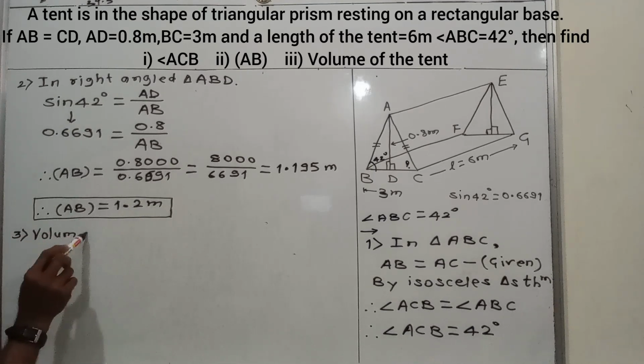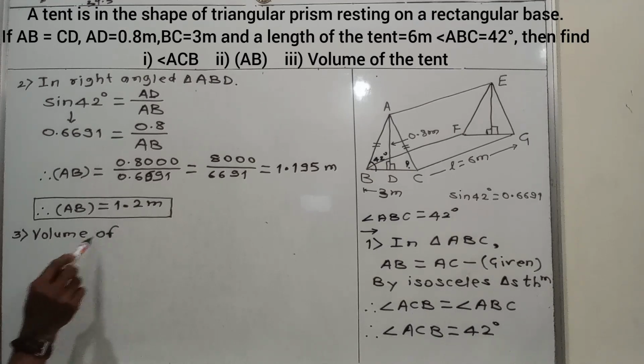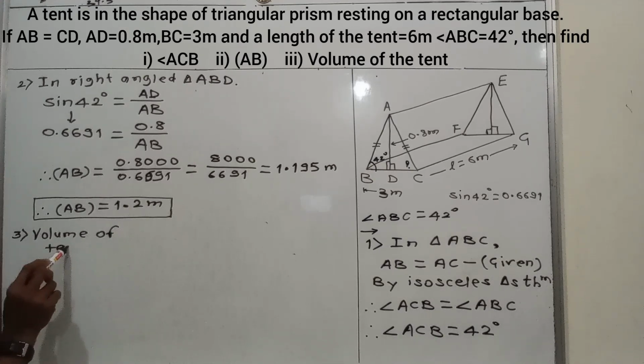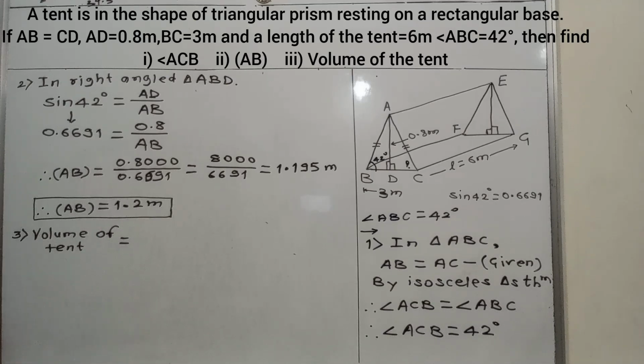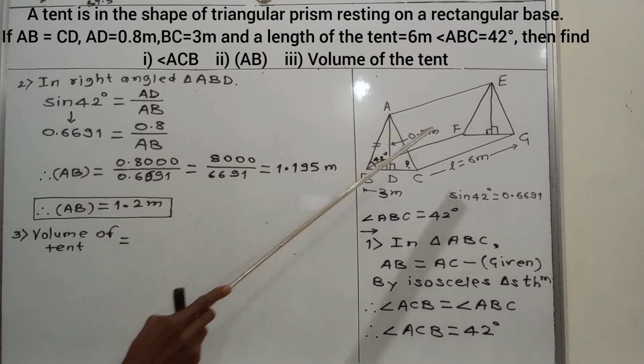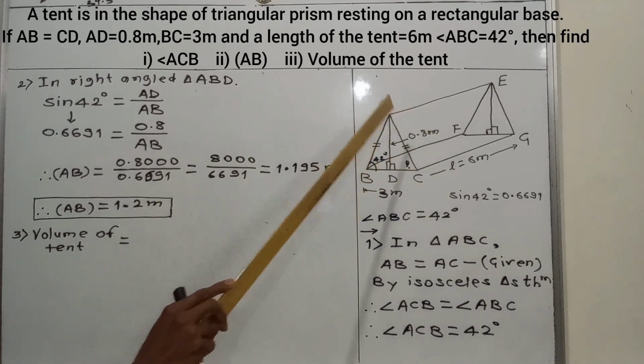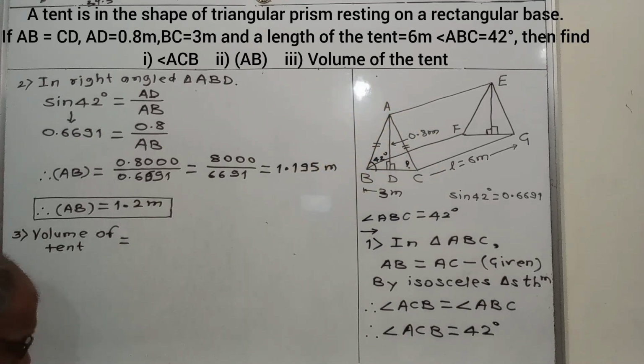Now the third one, what is the volume of the tent? This is a triangular prism shaped tent, and we will find its volume.